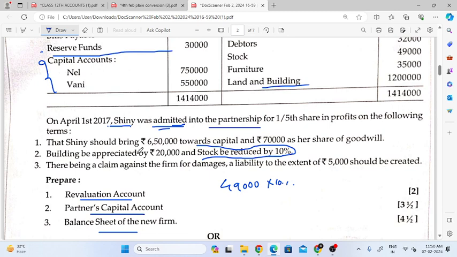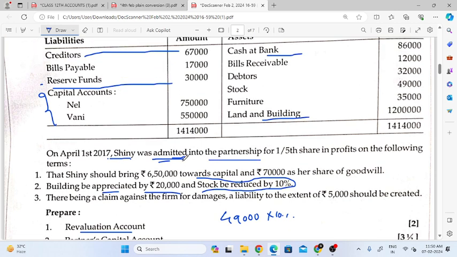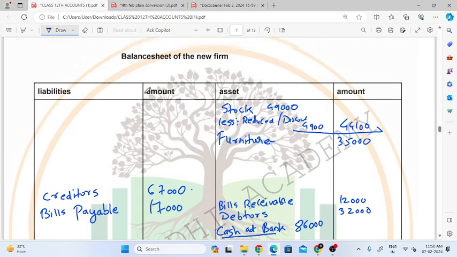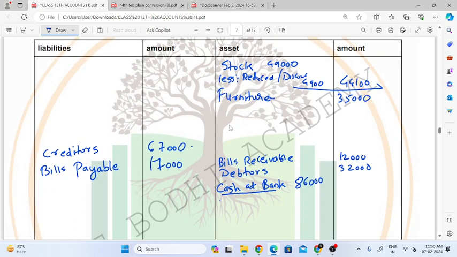So land and building, here they have given the adjustment that building is to be appreciated by 20,000. Appreciation means the value of the asset is increasing by 20,000. So here we'll take the amount first on the asset side, land and building.